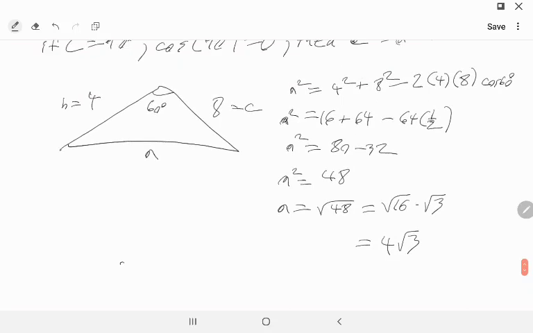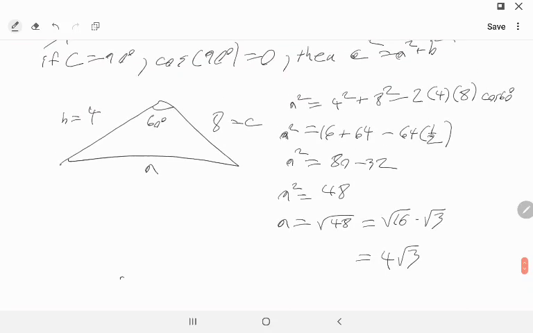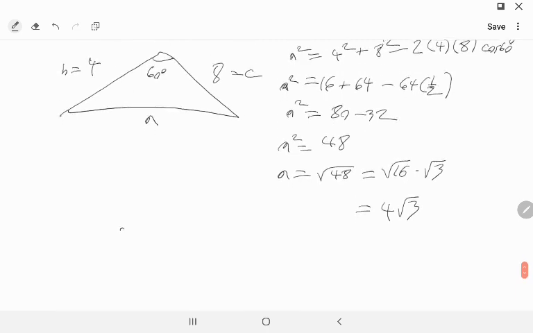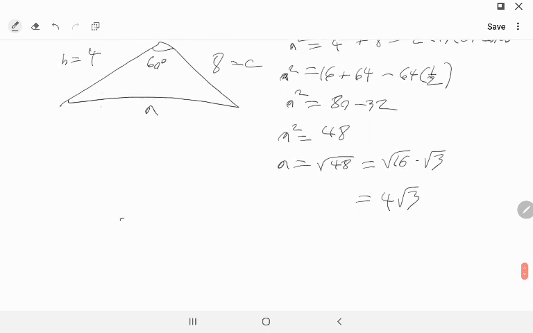So we could then find out the other two angles. We notice that we could use the law of sines. We said lowercase b was 4, so capital B is going to be opposite side 4, and capital C will be opposite the side of length 8.